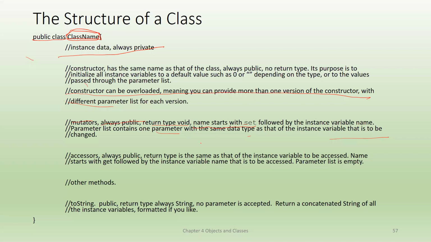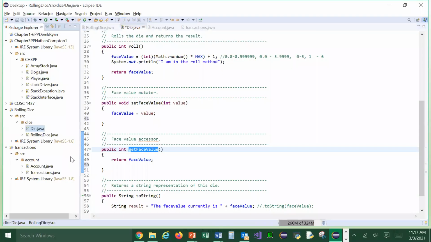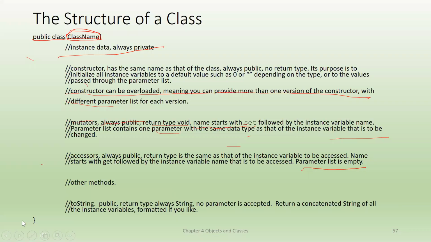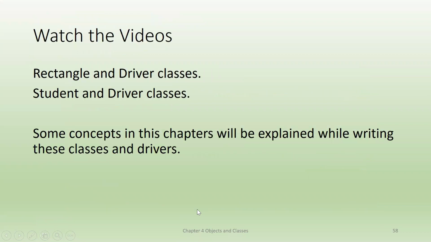Parameter list is empty. Other methods such as roll here are just methods other than the accessors and mutators. And toString is always public, return type always String, no parameter is accepted, and it returns a concatenated string of all the instance variables, formatted if you like, okay?